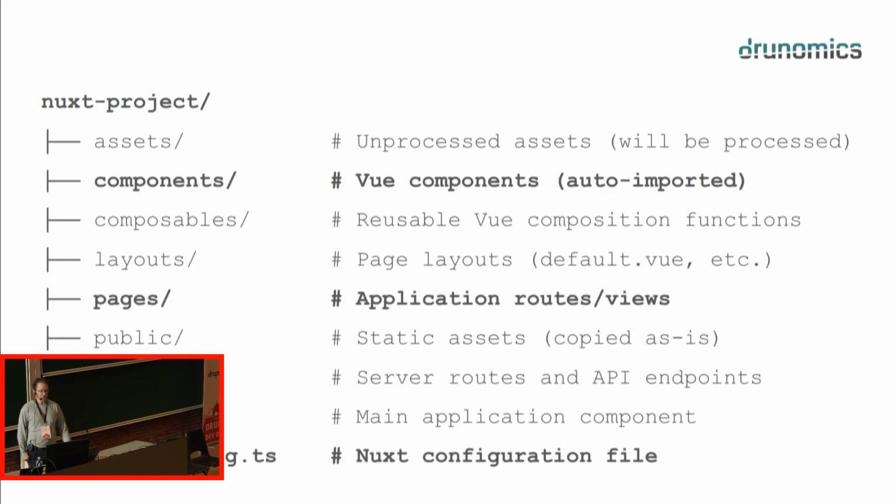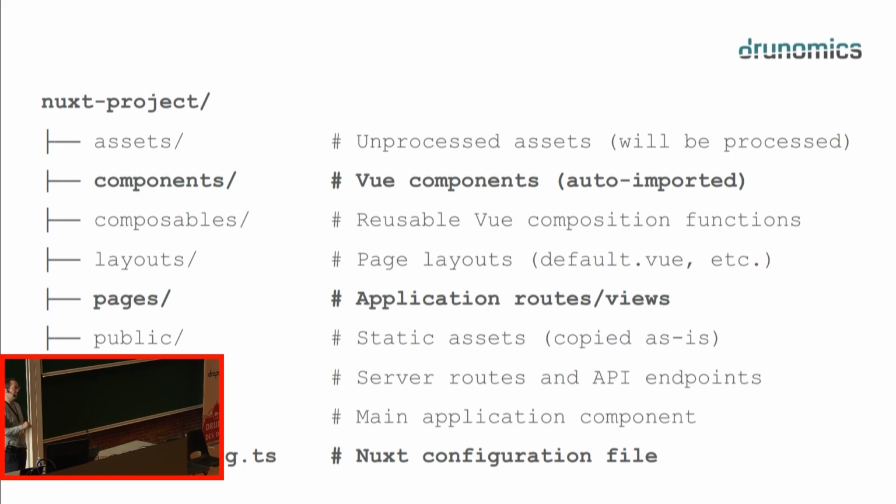When you have a Nuxt project, it's basically going to look like this, with most of the folders being optional. I would say the most important one is the components folder, which is where your Vue components go. Then there's the pages folder. It's also a folder made of Vue components, but special components which auto-register your routes.